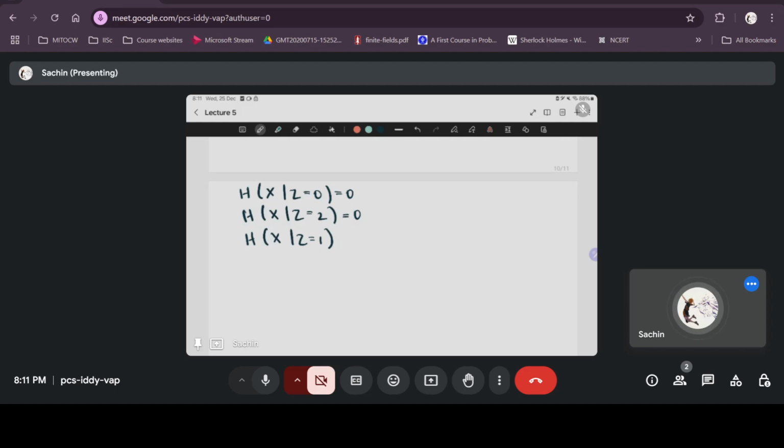That is, given z equals 1, the probability that x is equal to 1 is nothing but the probability that y is equal to 0. And the probability that x is equal to 0 is nothing but the probability that y is equal to 1.